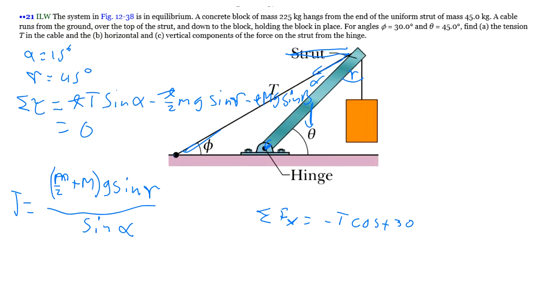So, and then there's going to be the plus F horizontal from the strut, and that's going to equal 0. So F horizontal is going to equal T cosine 30. So we have that. I'm not sure if I answered your question, Chica, but yeah, did the best I could there.